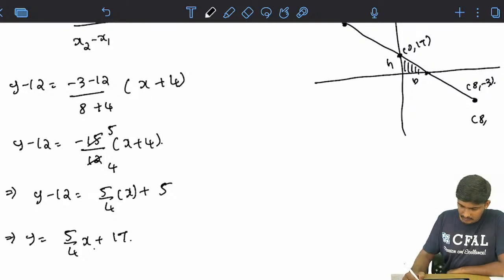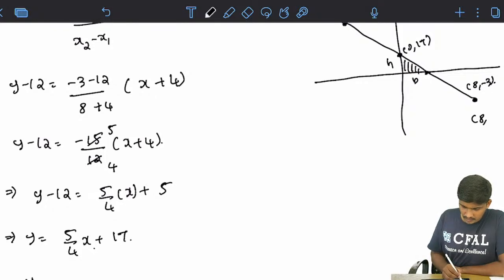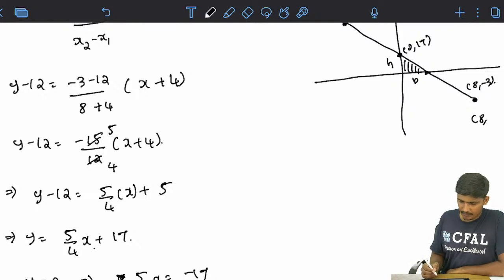If you put y equal to 0, 5 by 4 x will be equal to minus 17, which implies x is equal to minus 17 into 4 divided by 5, that is minus 68 by 5. Value of x will be minus 68 by 5.